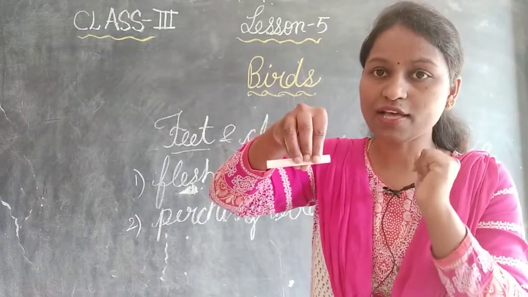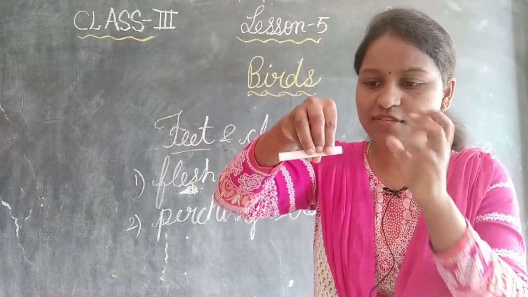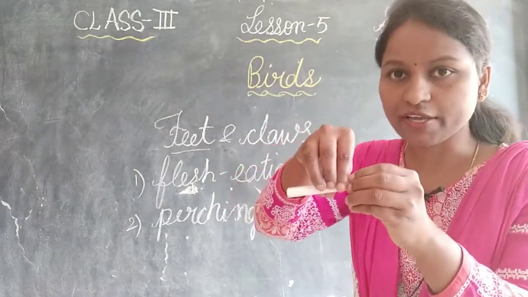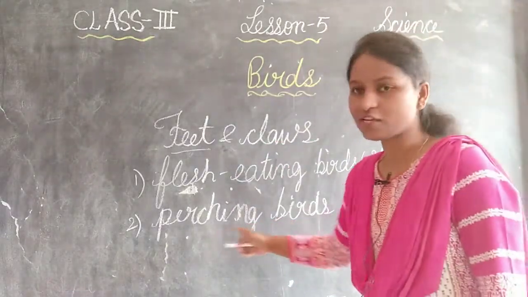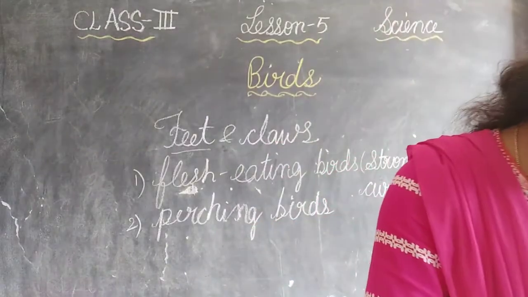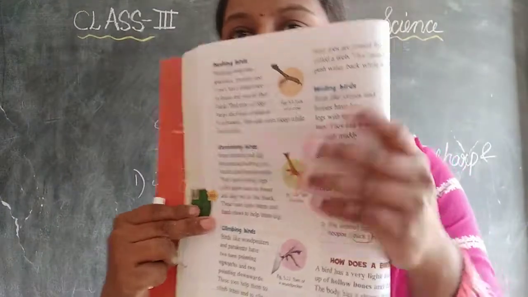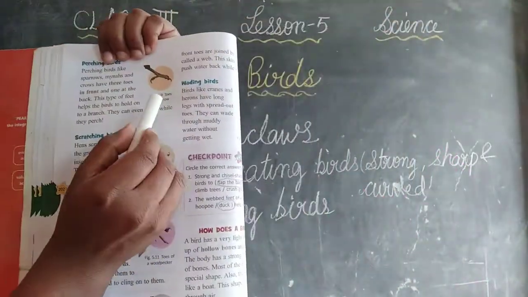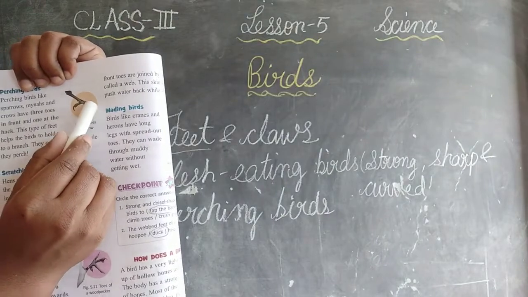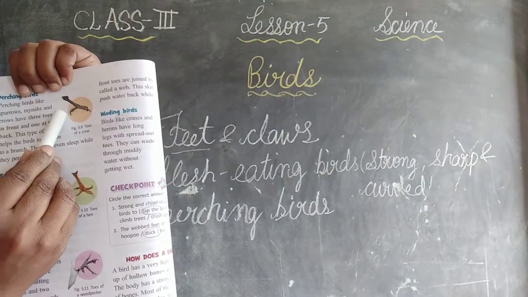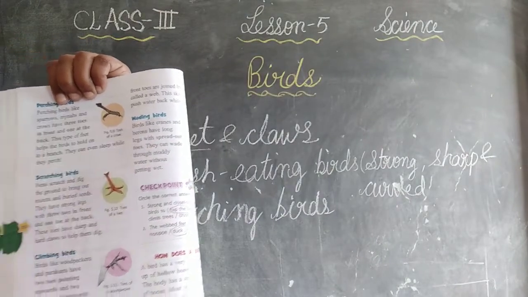This is called perching, how the birds sit on the tree or branch. Those are called perching birds. In your textbook they have written the toes of a crow. You can see these three toes are in the front side and these two are at the back side, so that they can sit on the branch.